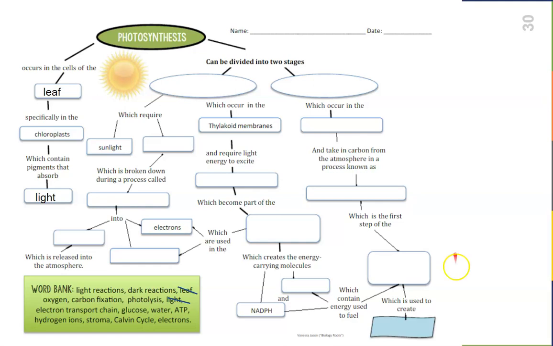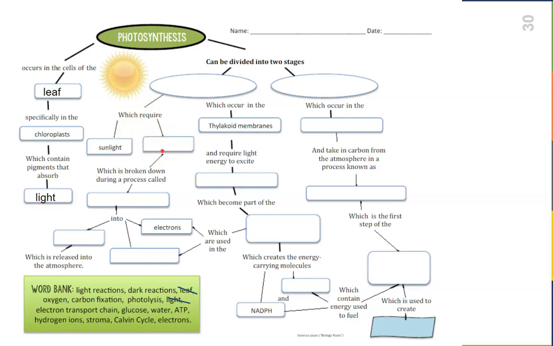All right. So can we fill in some more of our graphic organizer? Probably. We're going to fill in this middle section here. So the light reaction should go here, right? It can be divided into 2 stages. The first one is the light reaction, which needs to happen first. The light reaction requires sunlight and what else?